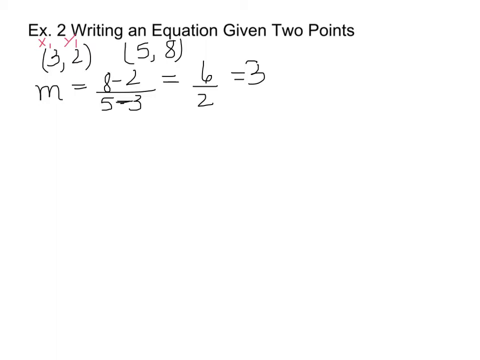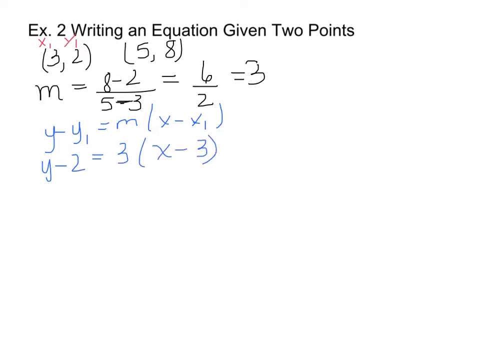So I'm going to use my point slope formula, and I always write it because that helps me know where to plug everything in. So we have y minus 2 equals 3(x minus 3). Now that is what we would call point slope. I'm going to call it PS.